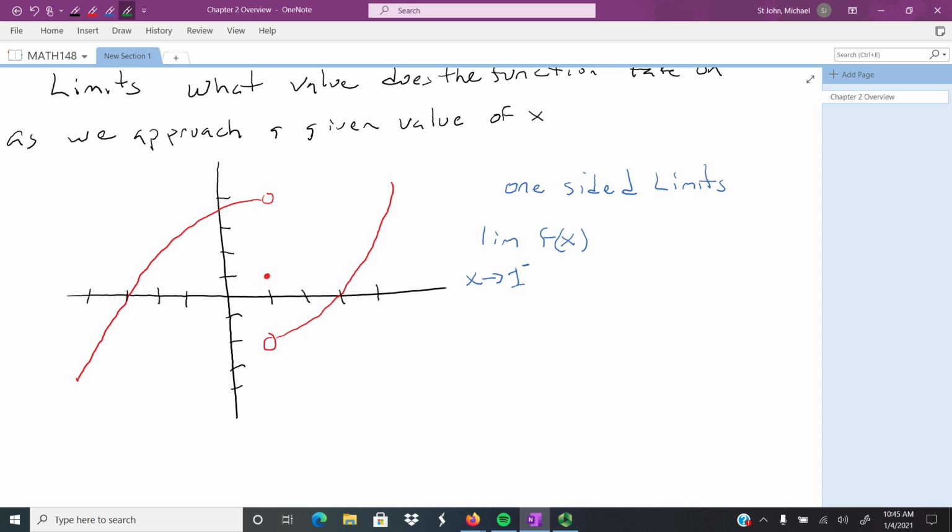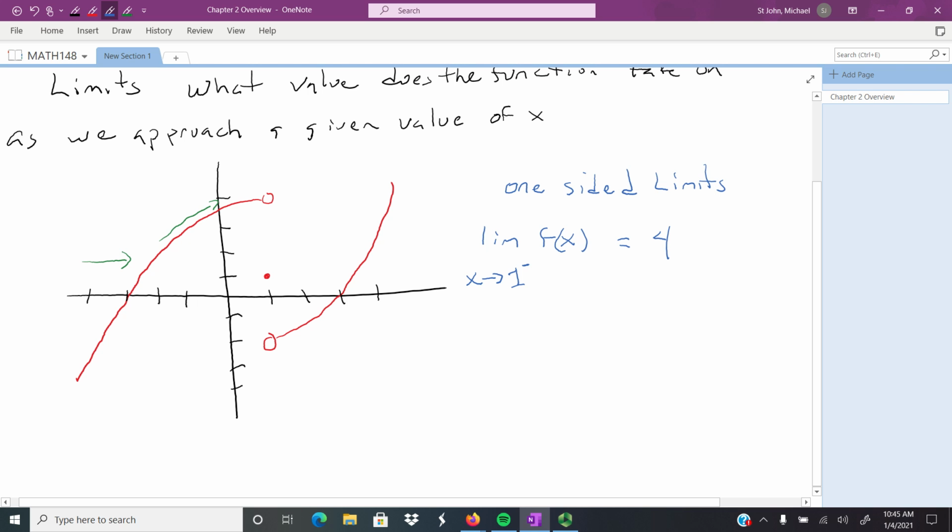So what that would mean on this graph is that we're coming in on this direction, right? Which means we're going to be on this red curve here that is going up like this. And so as we get closer and closer to 1, my function is approaching the answer of 4. Right?